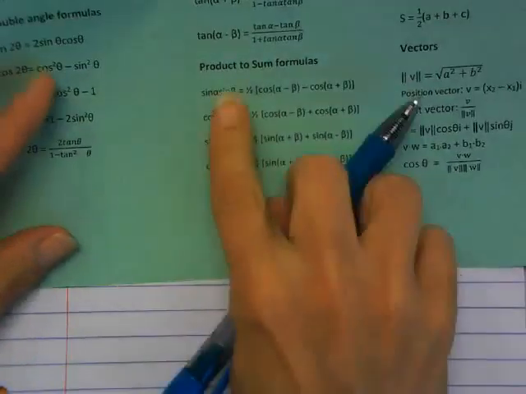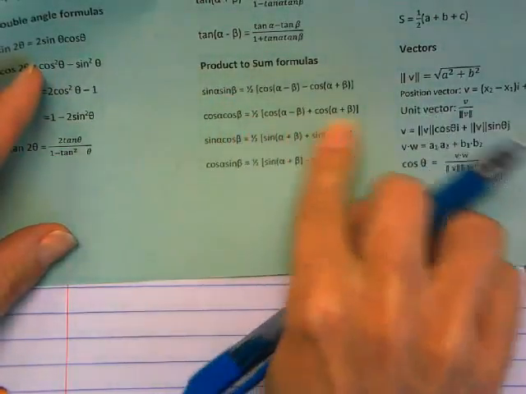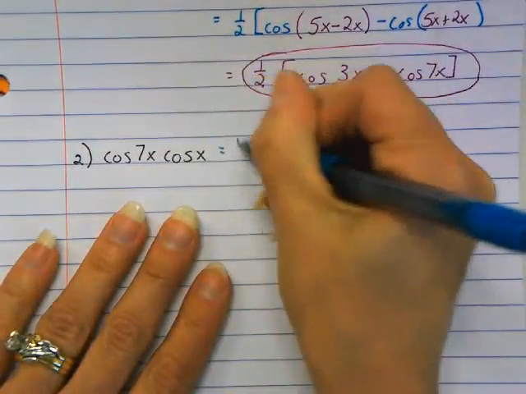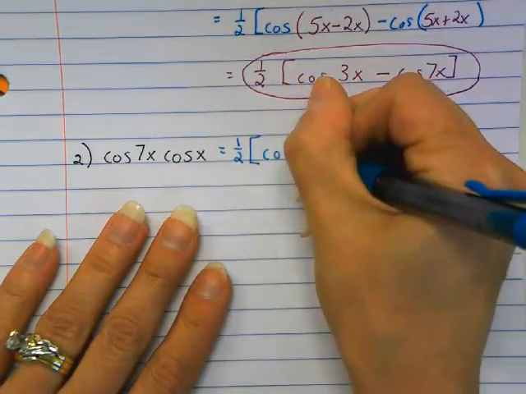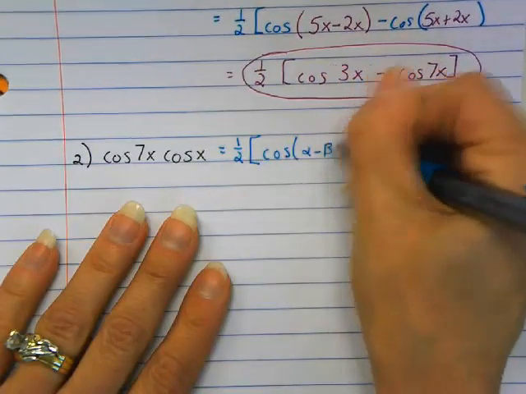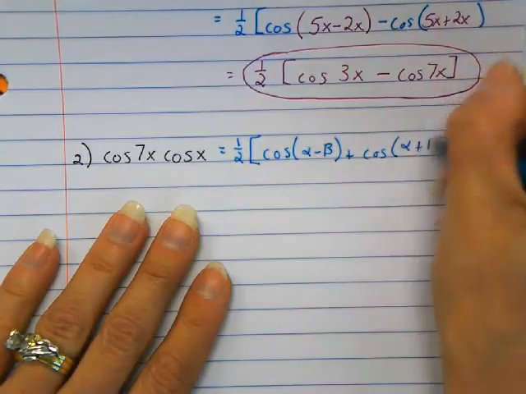Alright, so I look down here, sine, sine. Oh, look at there, cosine cosine. So that's the big ugly formula I'm using. 1/2. This time I want cosine alpha minus beta plus cosine alpha plus beta.